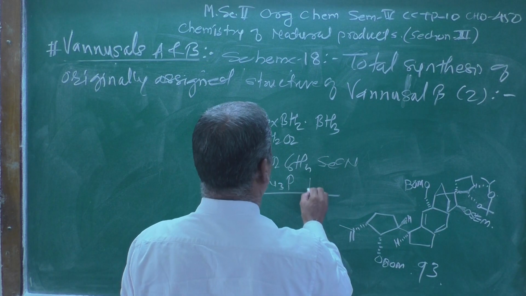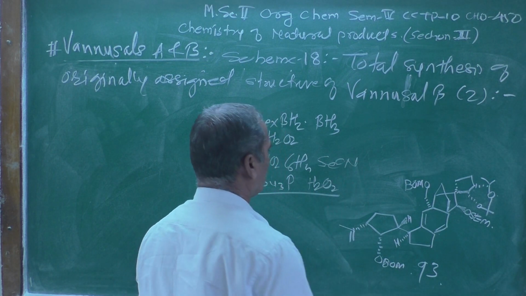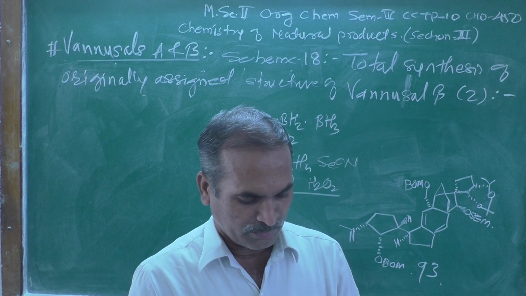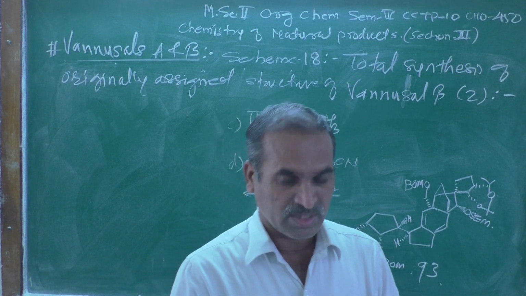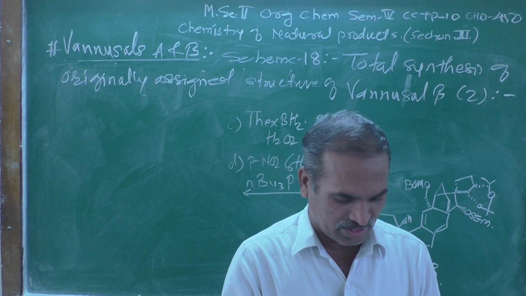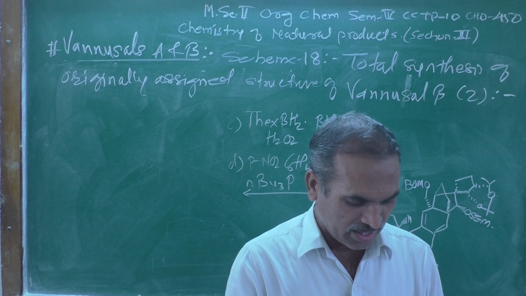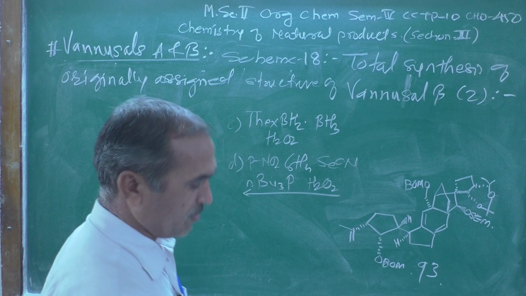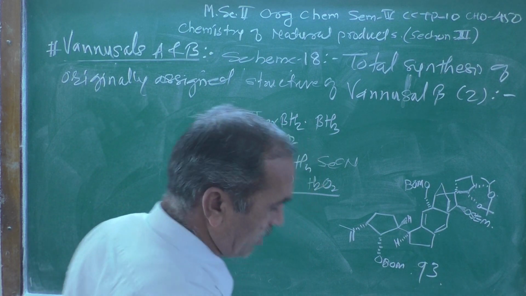H2O2 is nothing but hydrogen peroxide. When these reagents are treated on structure number 93, we get structure 94, which I am representing over here.